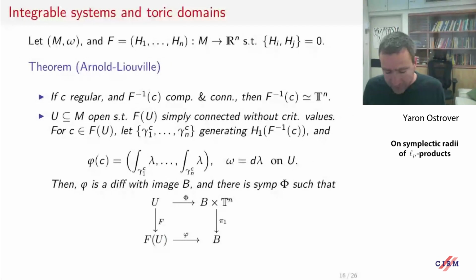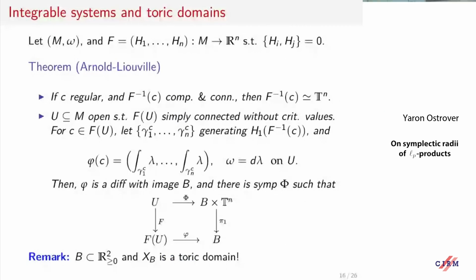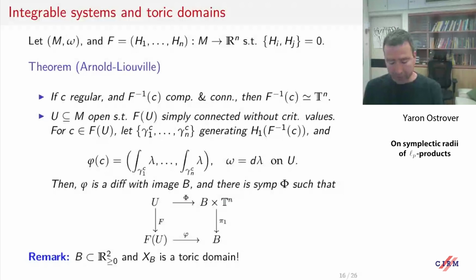And again, I don't want to be too formal here. I just want to say that using the Arnold-Liouville theorem, one can get the toric image of the Hamiltonian dynamical system.